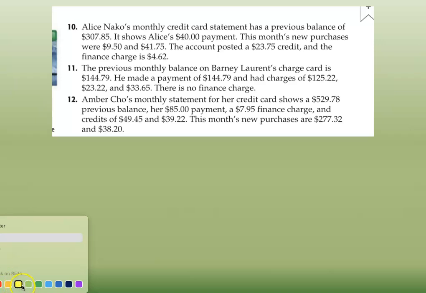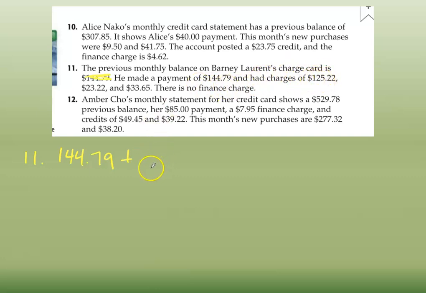Okay, so let's look at number 11. The previous monthly balance on Barney Lamont's charge card is $144.79. My formula says I'm going to add the finance charge. So even on your paper, you could cross out the things. Add the finance charge, payment, charges: no finance charge, so I don't have to worry about that.